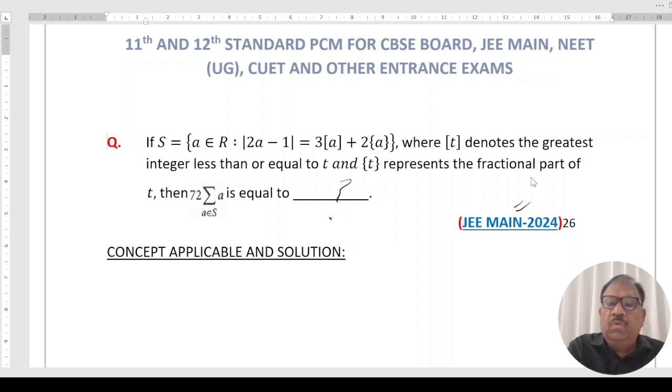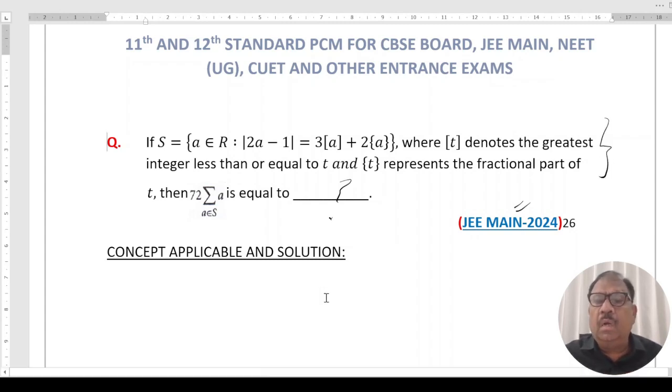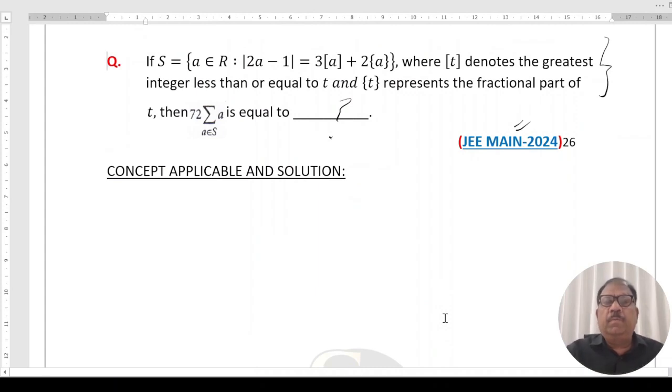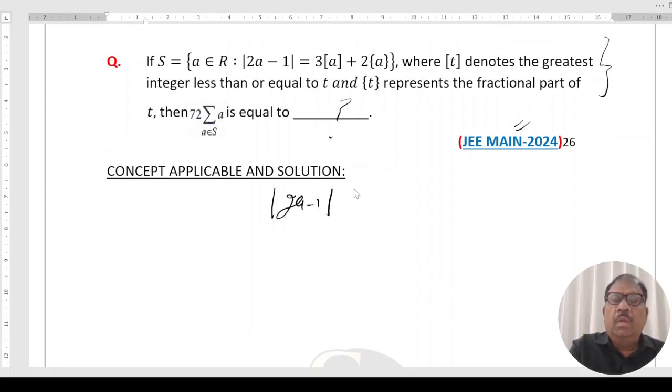Question taken from JEE Main 2004. So these concepts are being cleared. Given is modulus of 2A minus 1 equal to 3 times the greatest integer function plus 2 times the fractional part function.